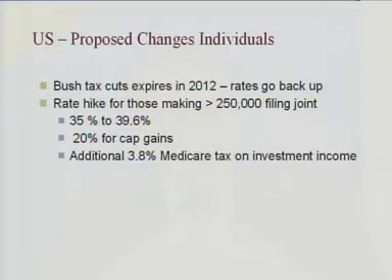So those were supposed to expire December 31st, 2010. There was a 2-year extension given, and right now they're scheduled to expire December 31st, 2012. So starting 2013, our ordinary income rates are going up to a 39.6% top rate. Capital gains rates are going to 20%, and the special rate for dividends of 15% is going away.